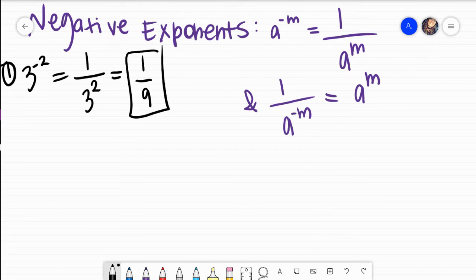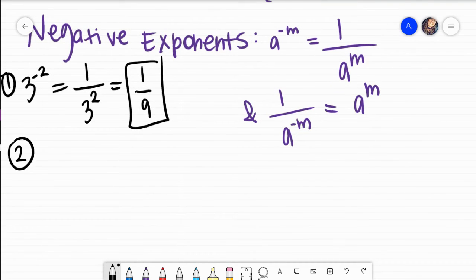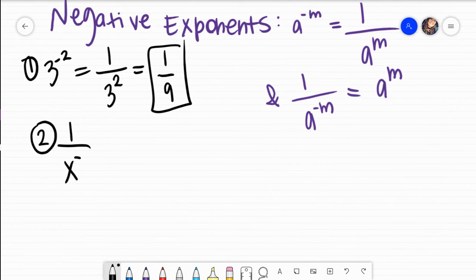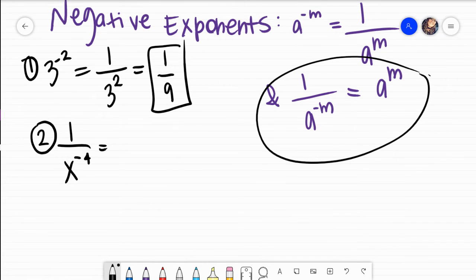Okay, so let's do an example where we have 1 over x to the negative 4th. I didn't like either of those. So I would ask myself, is this in a fractional form? And it is. That's what tells me I would be looking here.